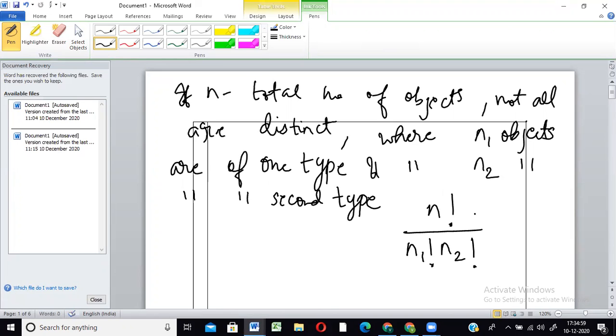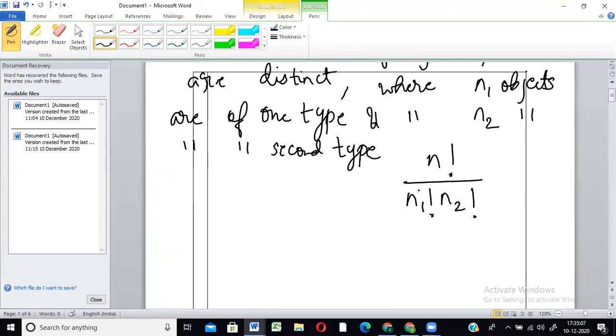This is in general if I'm talking about objects of just two types. But you can have any number of types. Suppose n objects, with n1 objects of first type, n2 objects of second type, n3 objects of third type, n4 objects of fourth type, and so on.